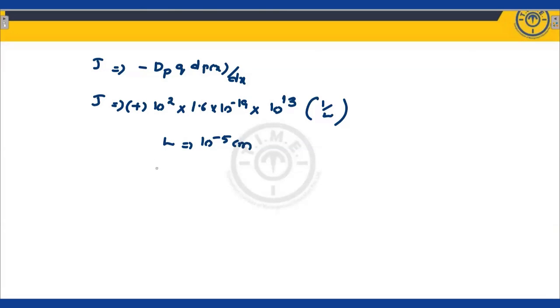Then you are getting the J value, which is equal to 16 ampere per centimeter square. Like that, my dear students, you are going to get the answers. So these are all the important formulas that have been depicted. Similarly, I am going for the next problem.